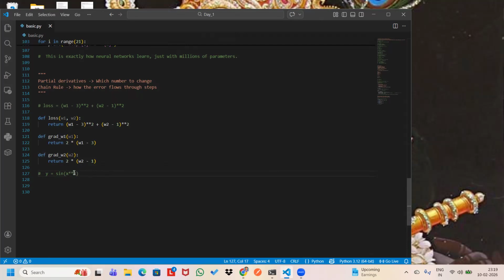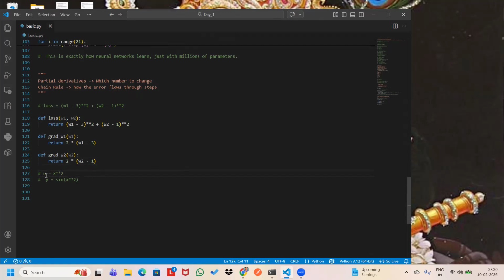Let me write over here, suppose u equals x square. So now it's easy to understand.